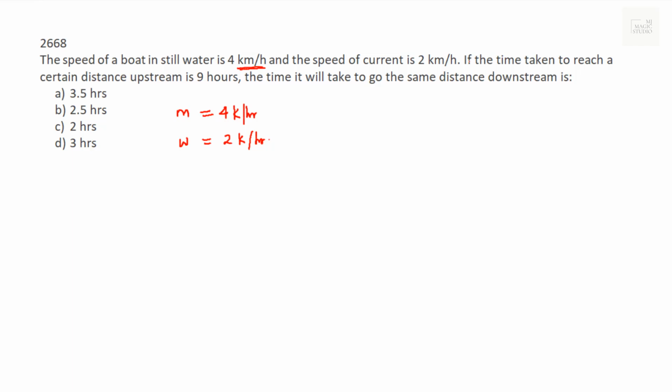Time taken to travel d kilometer upstream is given by d upon m minus w. That is equal to 9 hours as per the question. That means d upon 4 minus 2 is 2, equals 9. Therefore the distance it is traveling is 18 kilometers.